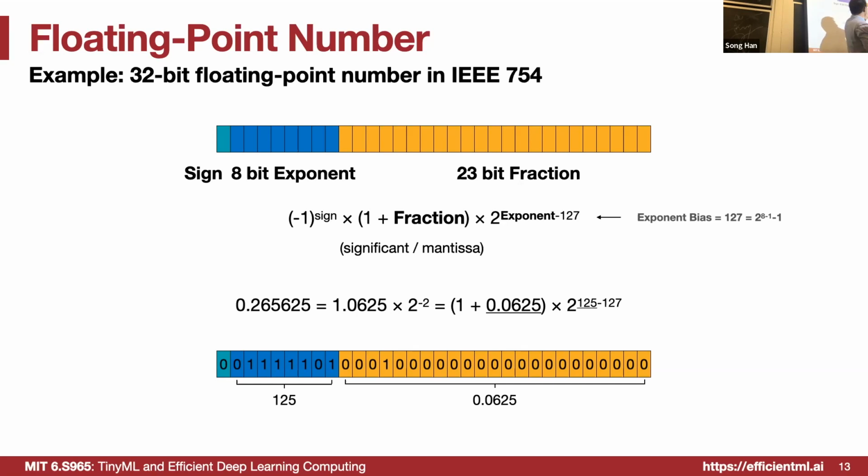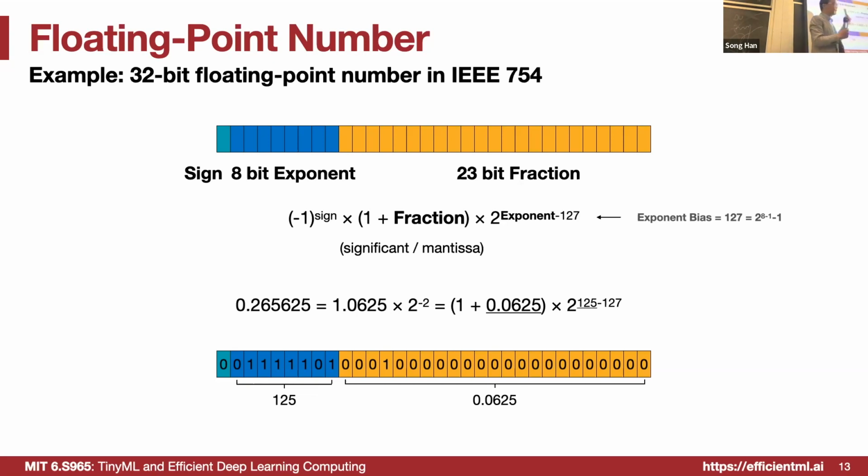Since we have 8 bits for the exponent in this scenario, the bias is 127, which is 2 to the power of 7 minus 1, because we want to represent both positive exponents and negative exponents. For example, if all the blue bits are 0, here we have a total power of minus 127.